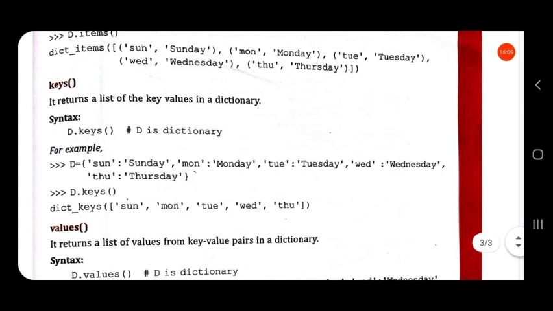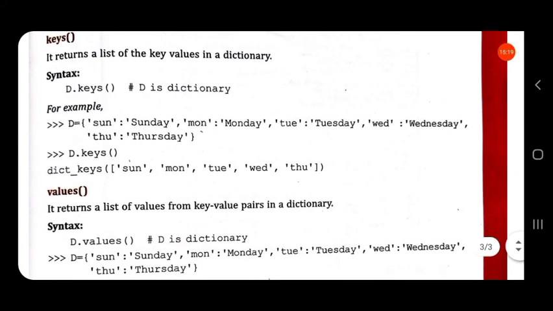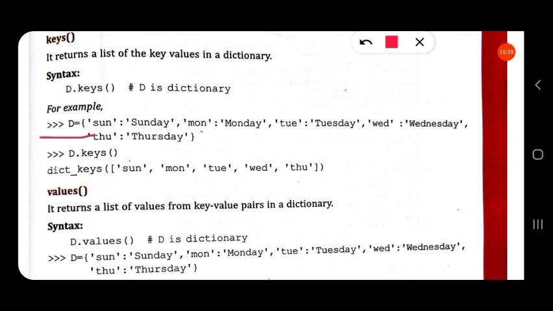The next function is the keys function. The keys function returns a list of the key values in a dictionary. All the key values will be returned by the keys function. Its syntax is dictionary name dot keys, that is, D dot keys. For example, we have the dictionary D containing key value pairs 1, 2, 3, 4, 5.